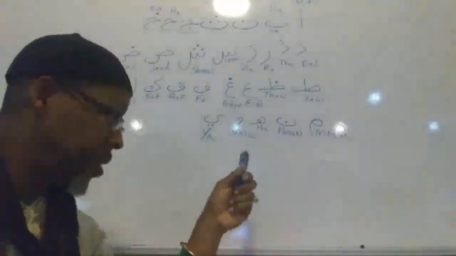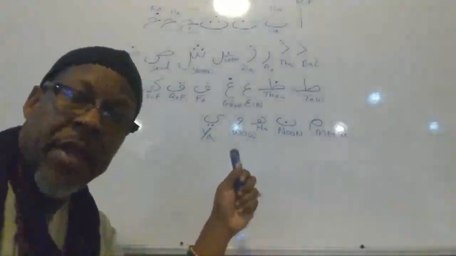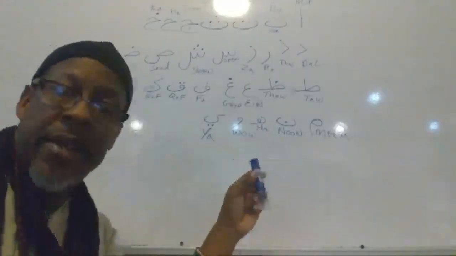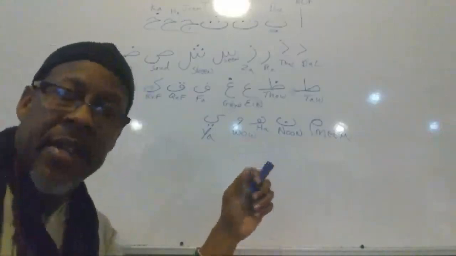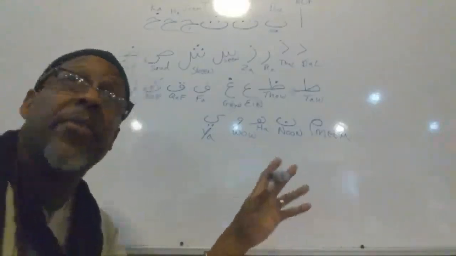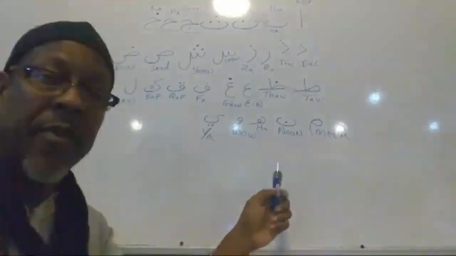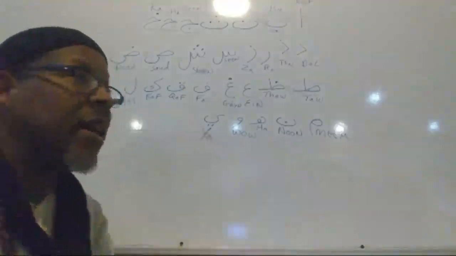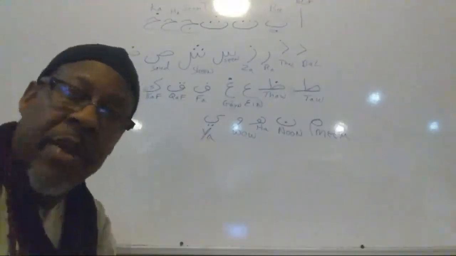The 3rd week, the 3 positions, and I'll give you the reading rules of the shadda and the double and connect or the pause. I'll give the reading rules the 3rd week. Then you have mim, nun, ha, waw, and ya.